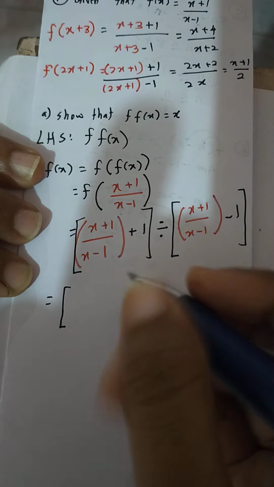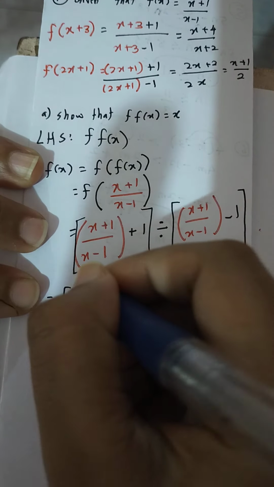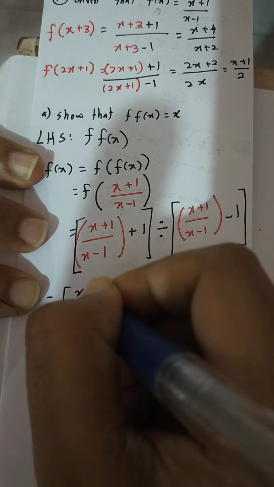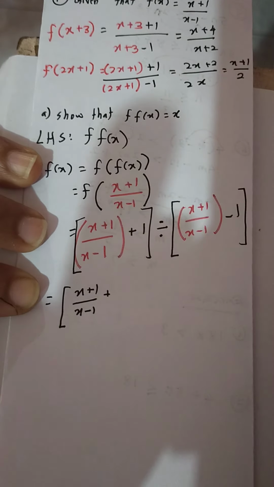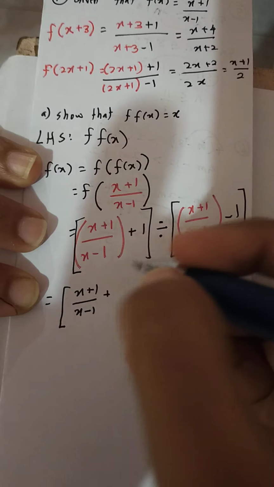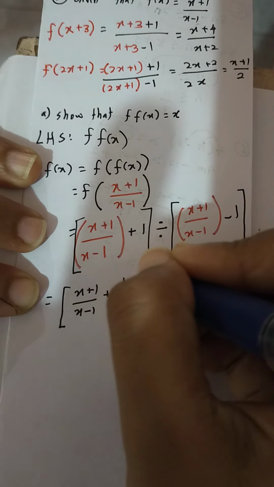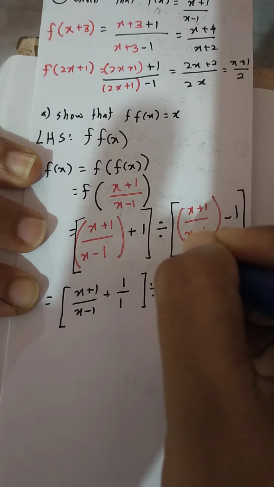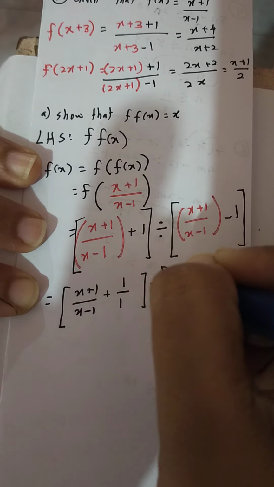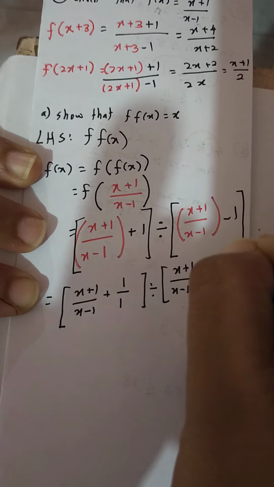I just use a normal pen. This is (x plus 1) over (x minus 1) plus 1. When you want to add fractions, you have to make sure the denominator is the same, so you have 1 over 1, divided by (x plus 1) over (x minus 1) minus 1 over 1.